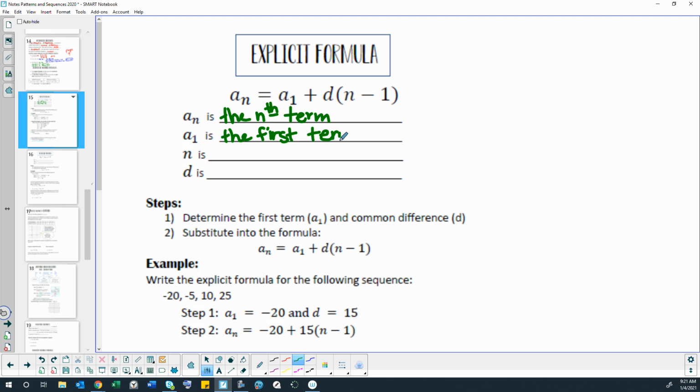I guess the nth term, it could also be the last term. Sometimes when we work with these, that's actually going to be the last term. N is the term number. And then D is the common difference.